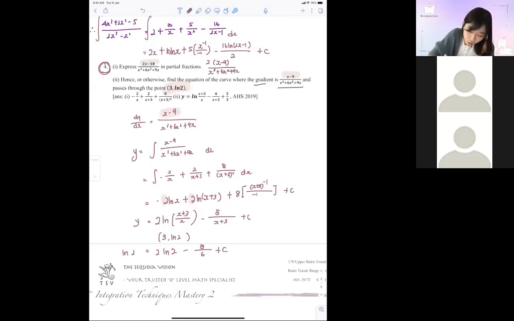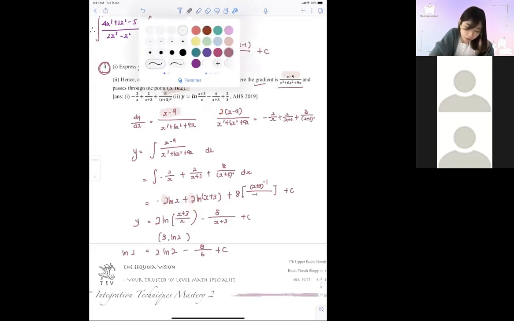So it will look like that. So you have 2 times x minus 9 over x cubed plus 6x squared plus 9x, equals minus 2 over x plus 2 over x plus 3 plus 8 over x plus 3 squared.